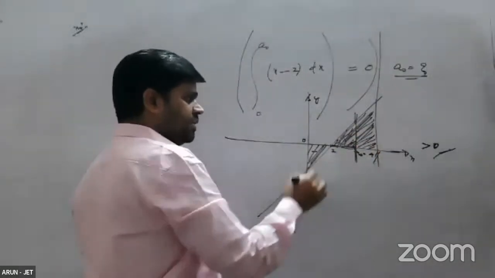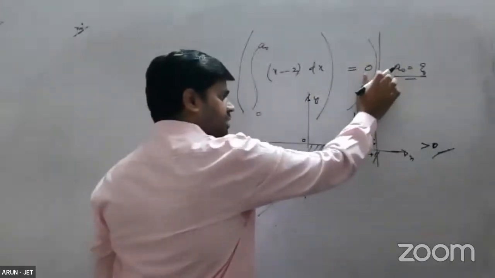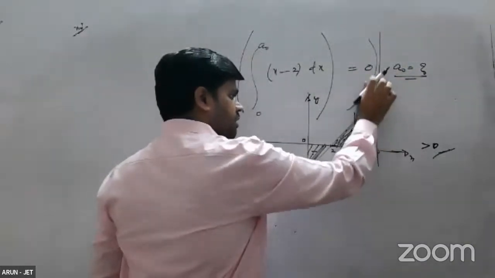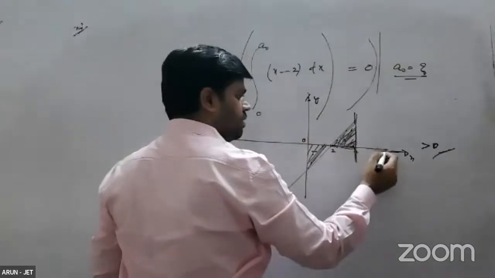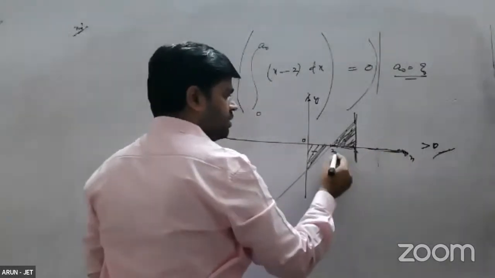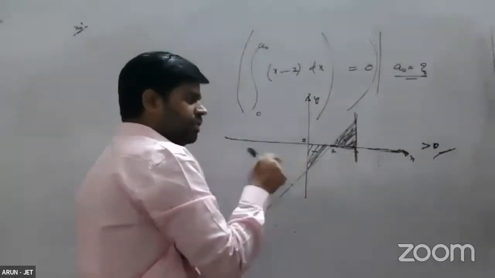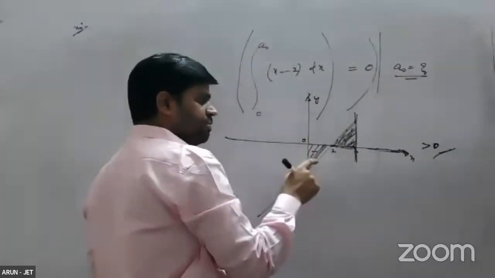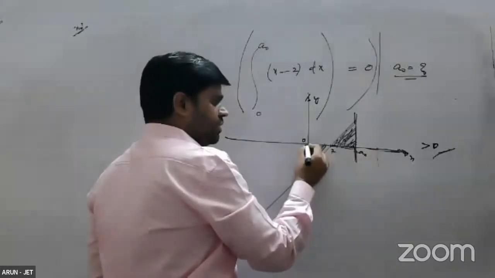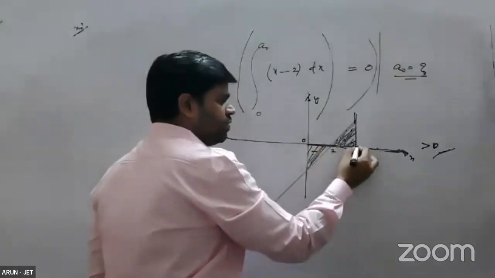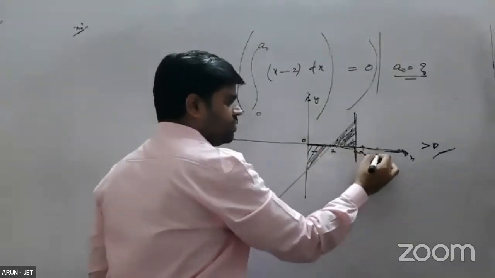But I want it to be 0. That means this triangle and this triangle should be congruent. For that, if this is 2, my point of symmetry is 2, 0. My limit should be symmetric with respect to the point of symmetry. So if this is 2, this should also be 2. That means this should be 4. A naught should be equal to 4.